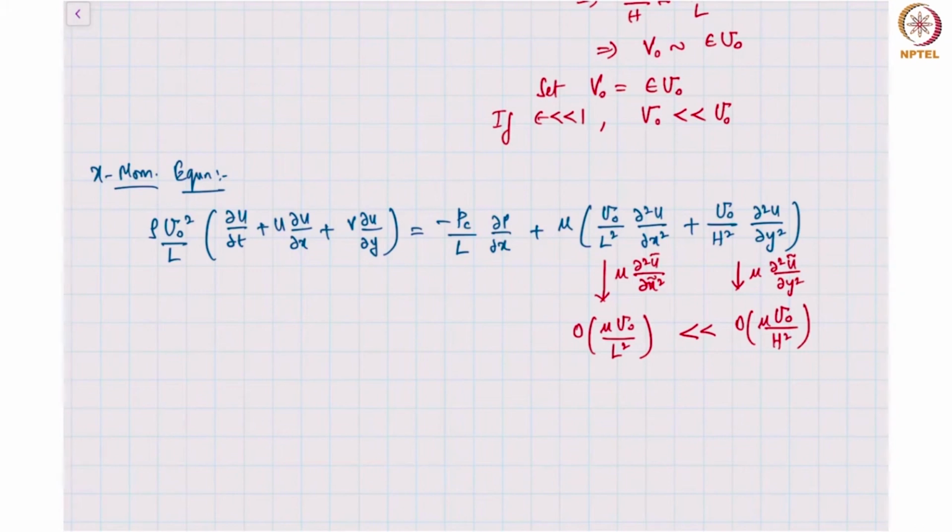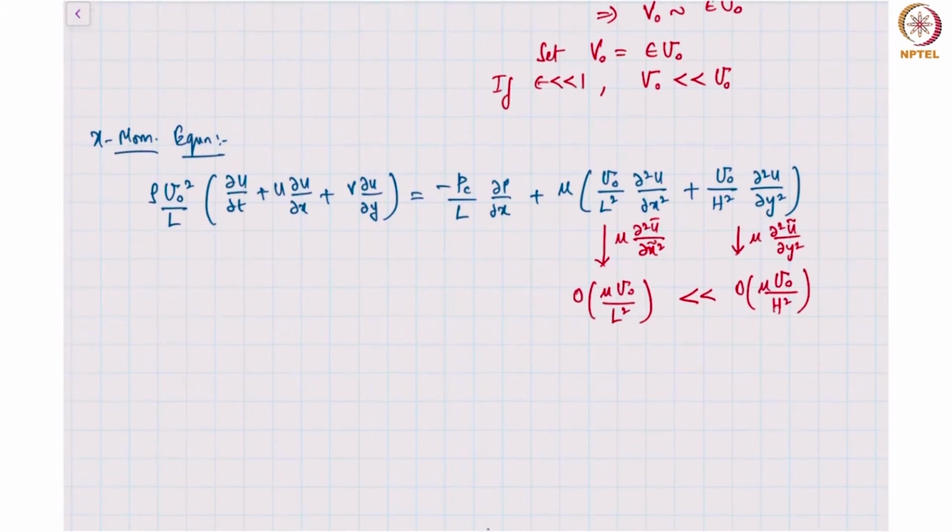You can further simplify this by writing down the equation as rho u naught square by L. I will simply write this as Du/Dt, which is the substantial derivative, is minus Pc by L del P by del x plus mu, I will take this out, epsilon square L square.